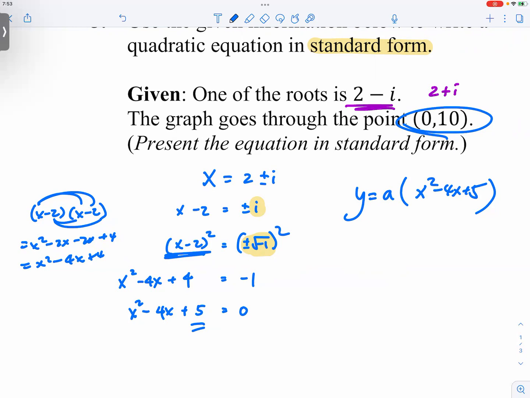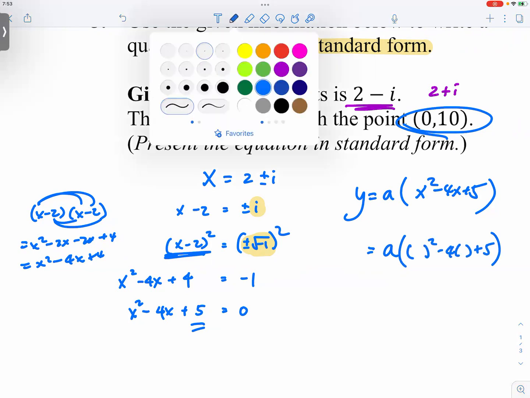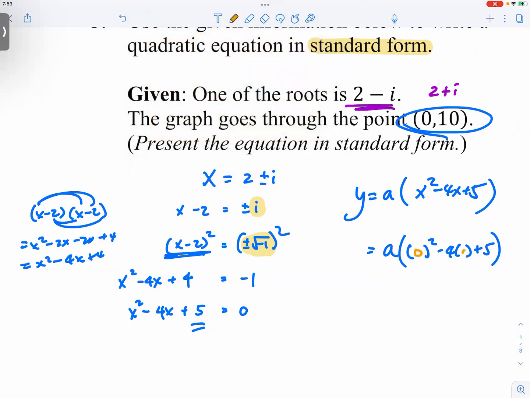We could have factored something and divided it out, so we need to take that into account. To find out the a value, you can now use the point that's given to you, which is (0, 10), to find out what a is. This would be a very easy task because I gave you the 0 for the x value here.